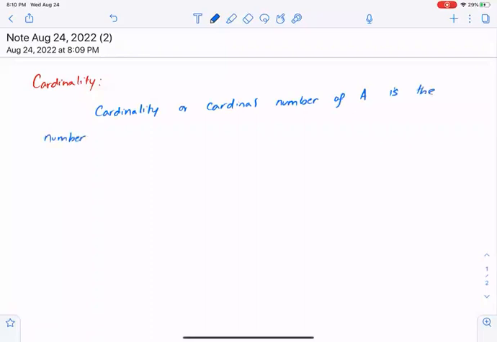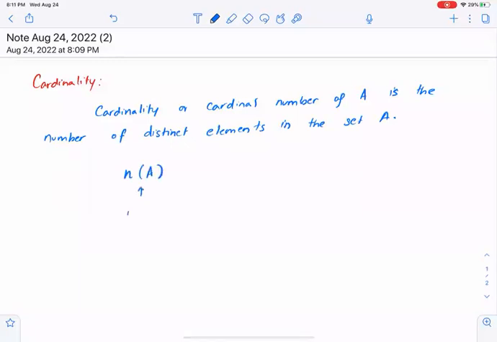The cardinality or cardinal number of A is the number of distinct elements in the set A. People often would write this as N of A. But in set theory, people could also write it as A within two vertical bars.